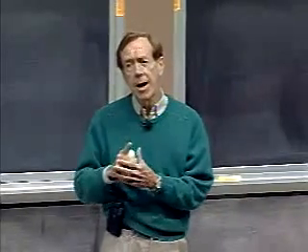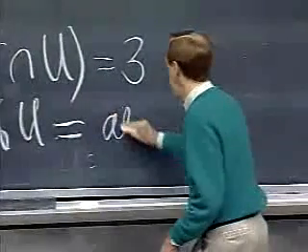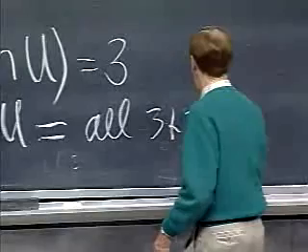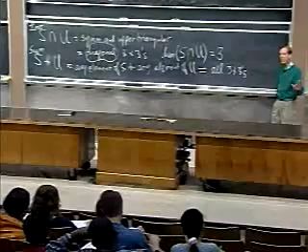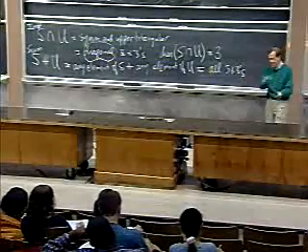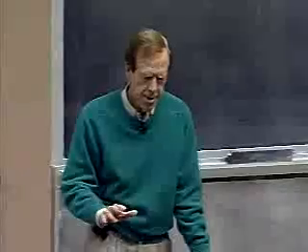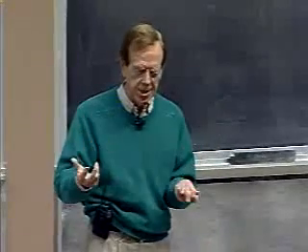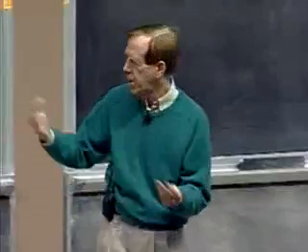I can get anything. I get all matrices. I get all 3 by 3s. It's worth thinking about that. It's just like stretching your mind a little, to think of these subspaces and what their intersection is and what their sum is.